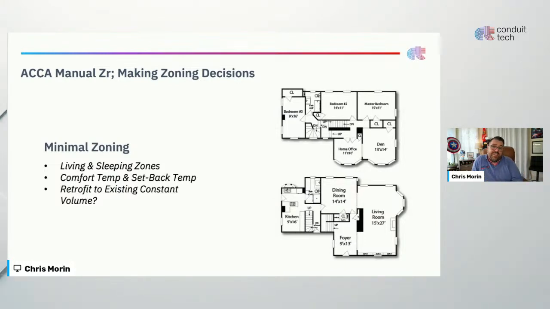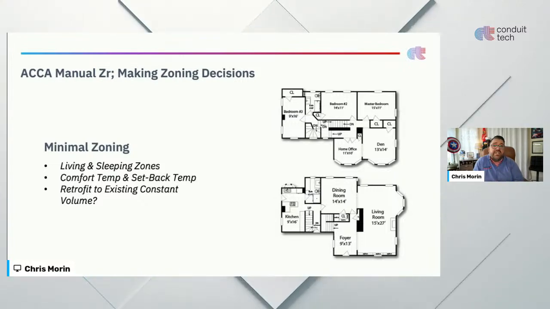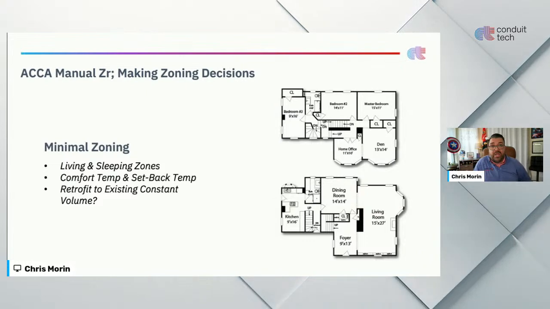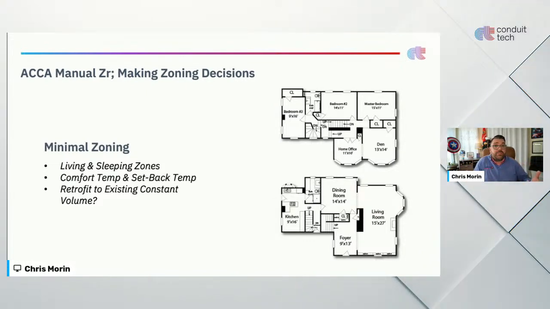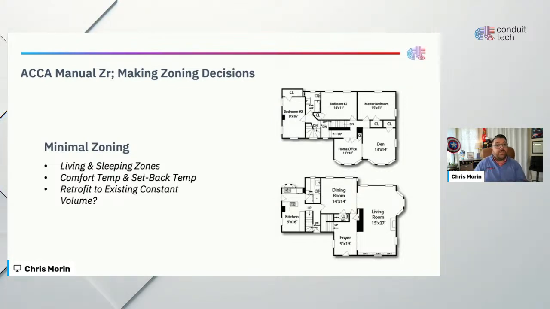Retrofitting a duct system to a constant volume furnace or air conditioner is probably the least effective way to zone out a house, but it's probably also the least expensive way to do it. So it is possible, particularly with more open floor plans, to do it this way.